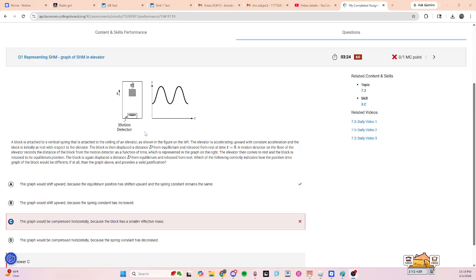And if the equilibrium is higher, the distance of the block... Oh yeah, if the equilibrium... wait. I don't know. I still don't understand.